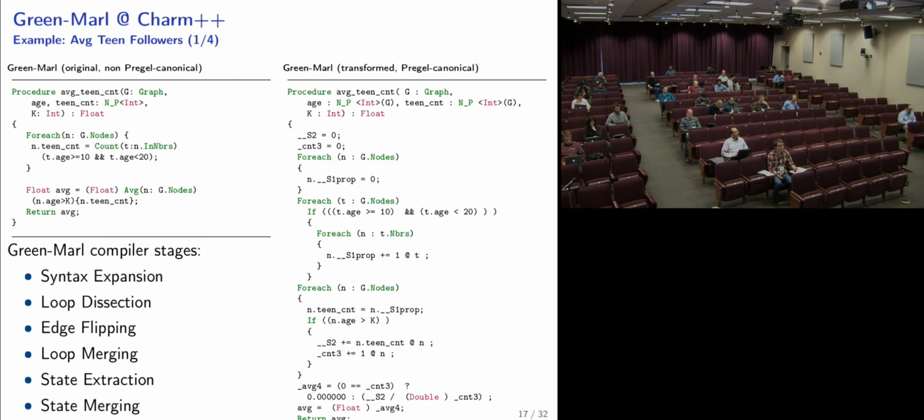This is the example which I showed in the beginning, and on the right side of the slide you can see how it looks when the program is transformed by the compiler. It looks a bit scary, but I want to apologize for slides with code, because I couldn't avoid it.